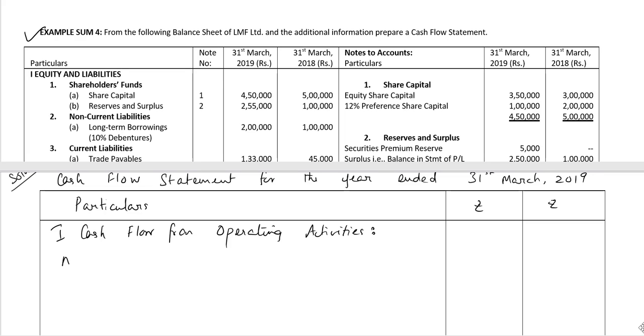We'll begin with net profit before tax and extraordinary items. This is as per the first working note.